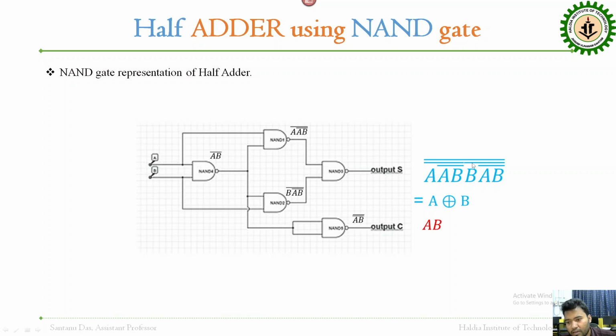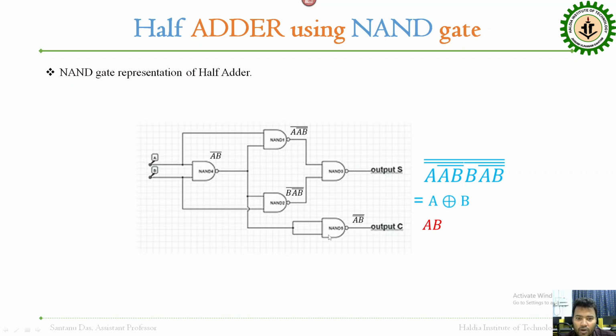This is a single bar, this is a single bar, and this is a whole bar. I am not solving this here, but if you solve this expression, you can easily get that this is equivalent to A XOR B. And similarly, this NAND gate is actually for our carry.